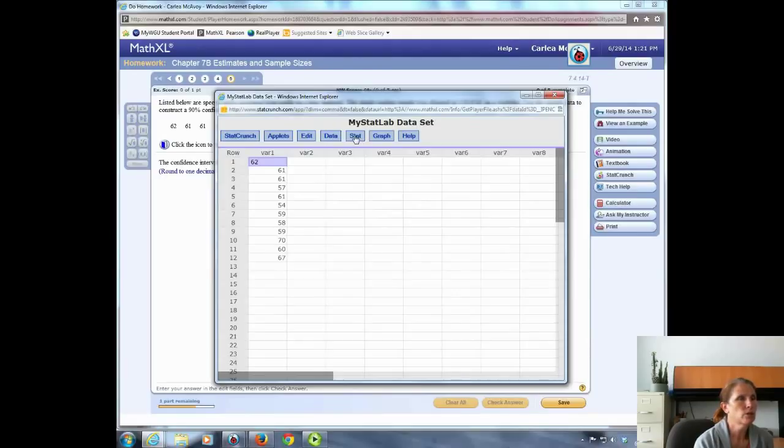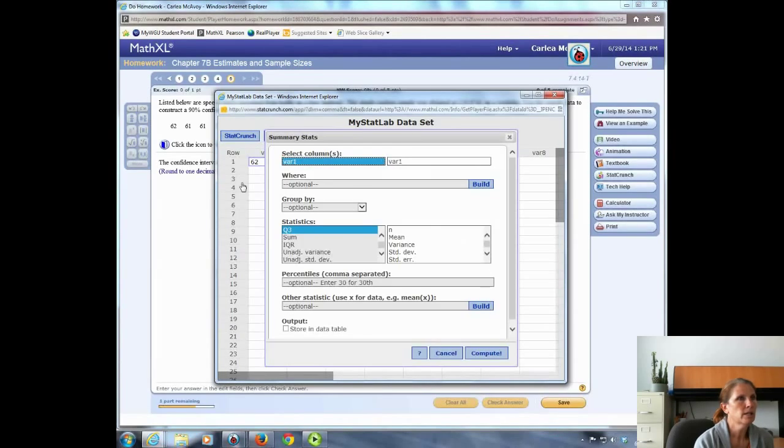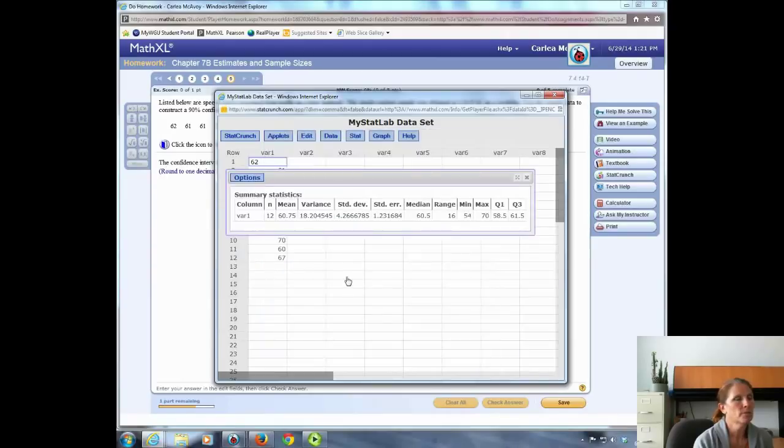We want to go to Stat, Summary Stats, Columns. Click on that to put in that first variable because that's where our data is. We want to find the mean and the variance and standard deviation and so forth. Compute. And we are talking about the standard deviation that's listed right here, 4.27 for this. We have a mean.